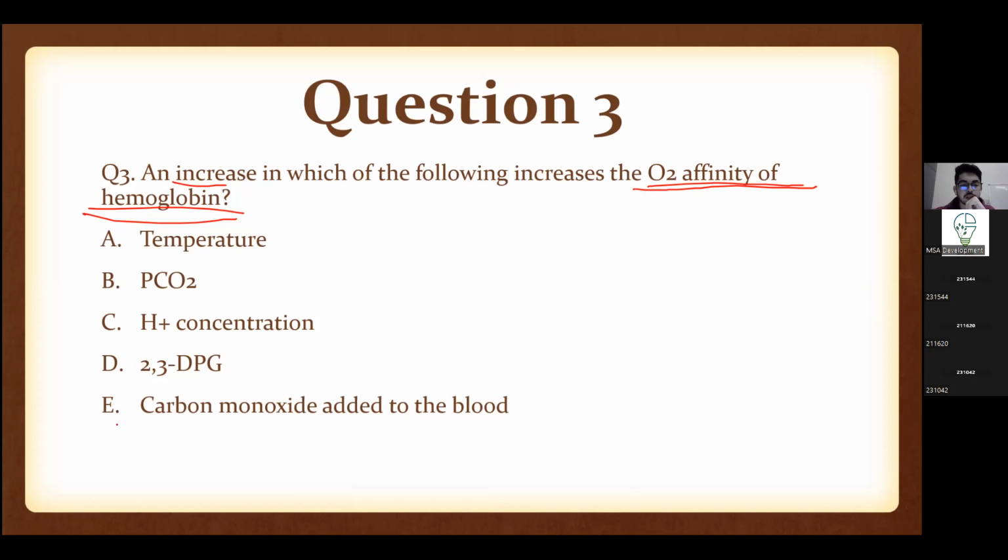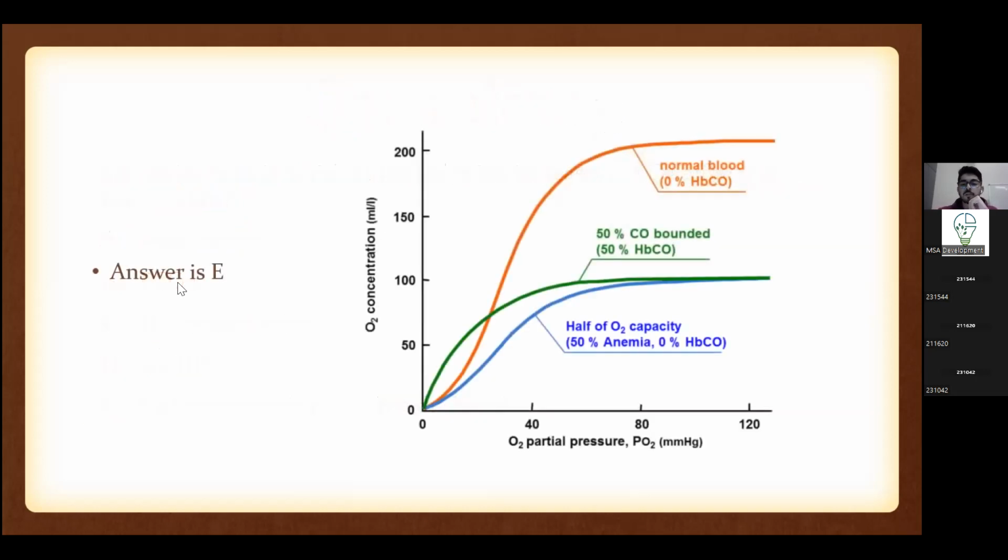The correct answer is actually E. Again, we mentioned that in the case of 50% anemia and in the case of 50% binding of carbon monoxide, we are going to see an O2 concentration that's half. But we can see that the CO, the carbon monoxide curve, is a shift to the left. Why does that happen? It happens because CO is going to increase the affinity of the remaining 3 binding sites. And this is the bad effect of CO on the O2 delivery to the organs.